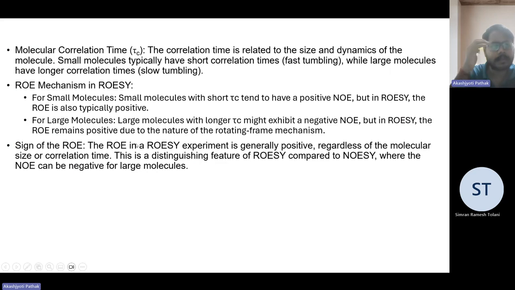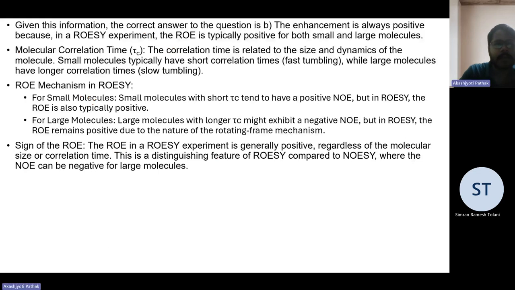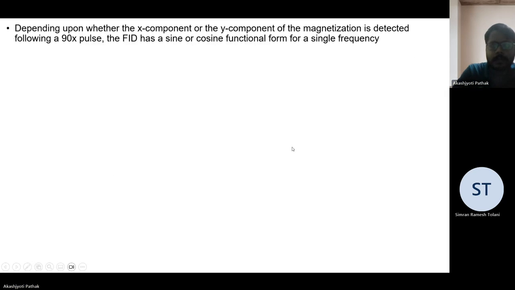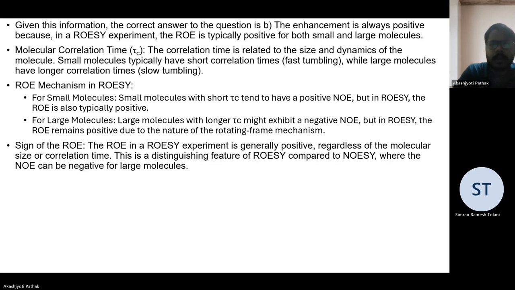Given this information, the correct answer to the question is B: the enhancement is always positive, because in a ROESY experiment the ROE is typically positive for small and large molecules.